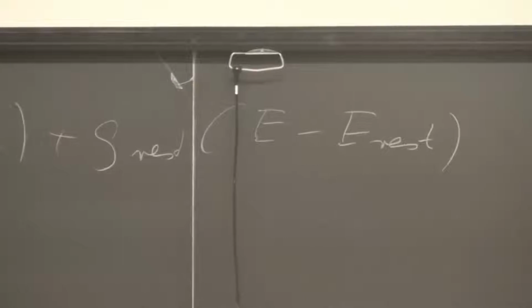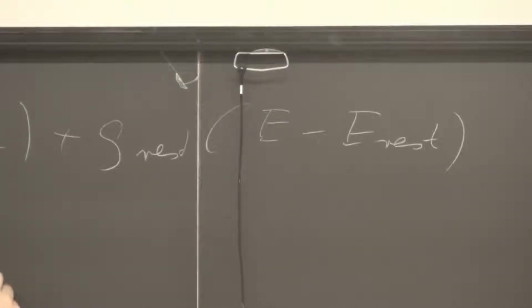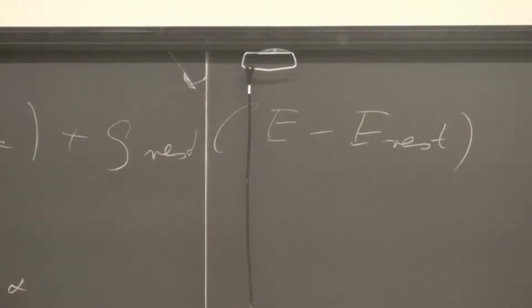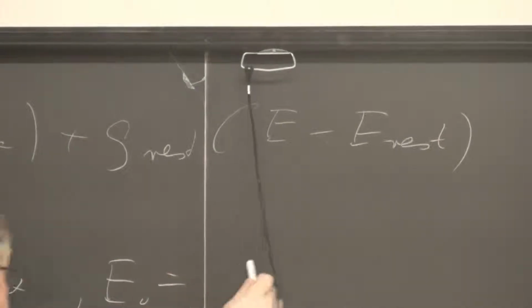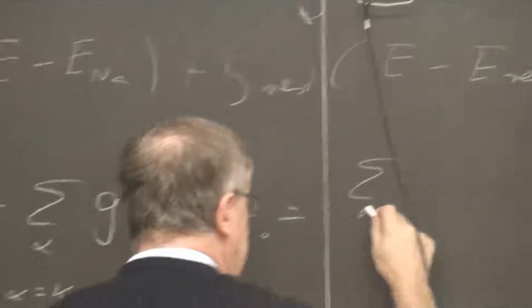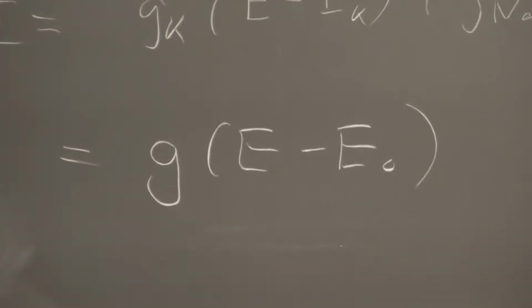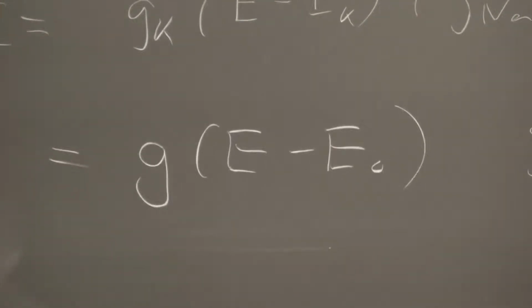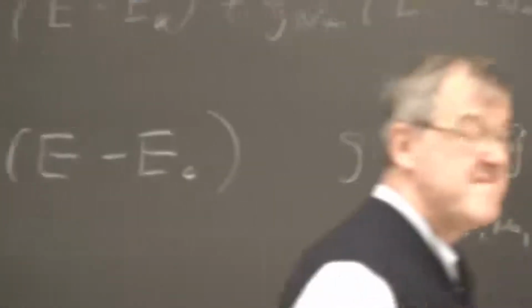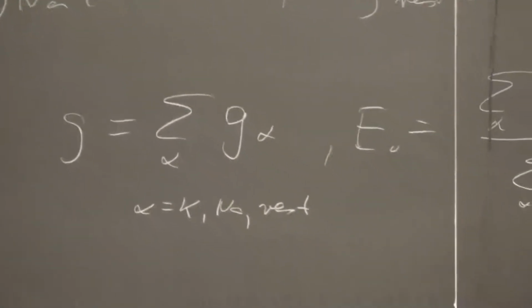G is just the sum over alpha, G alpha, where alpha is potassium, sodium, and the rest. And E0 is the sum over alpha, G alpha, E alpha, divided by the sum over alpha, G alpha. So if you do that, you find quickly how it is.